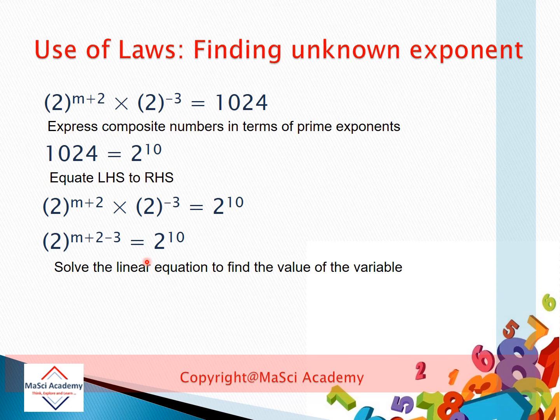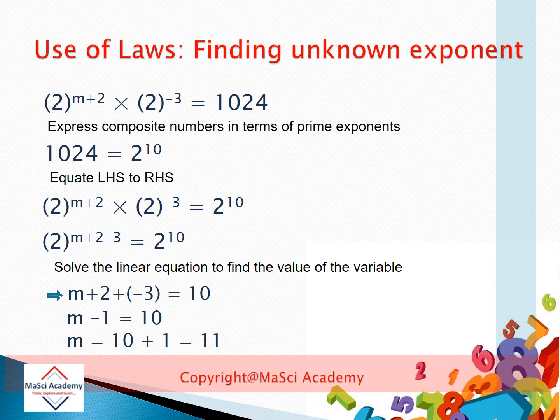So we get a linear equation that involves only the exponent part of both the sides, that is m plus 2 minus 3 becomes equal to 10 because the base is same on both sides of the equation. So on solving this linear equation, we get the value of m as 11. So we can find the value of any missing exponent using the laws of exponents.